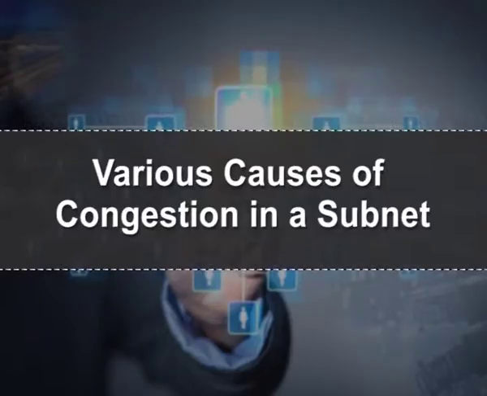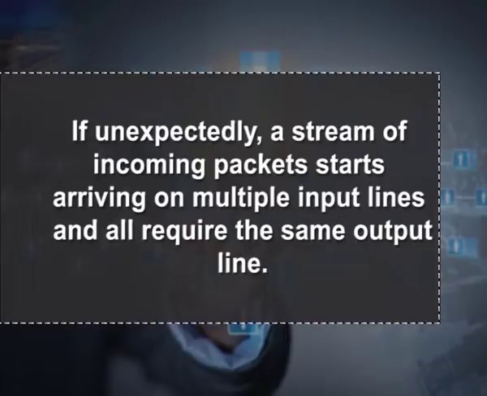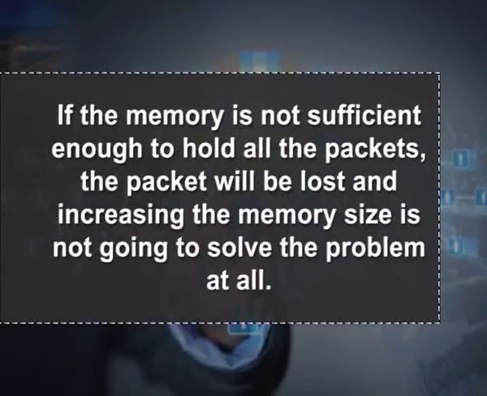The various causes of congestion in a subnet are: the incoming rate exceeds the capacity of the output lines. If unexpectedly a stream of incoming packets starts arriving on multiple input lines and all require the same output line, a queue will be formed. If the memory is not sufficient to hold all the packets, they will be lost, and increasing the memory size is not going to solve the problem at all.